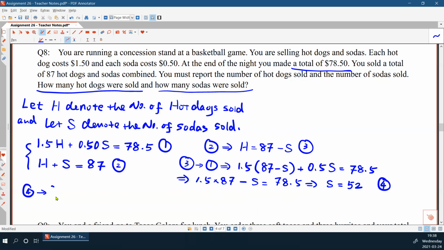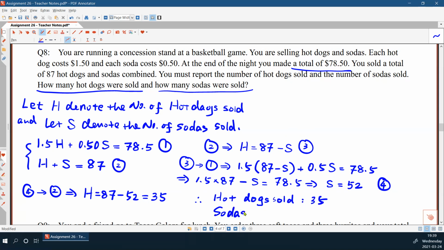And then we can plug 4 into 2 to get the quantities for H. H is 87 minus S, which is 52. And H, of course, is 35, right? Okay, so we have the conclusion here. Hot dogs sold is 35, and sodas sold is 52, right? Okay, have a look at that. Any questions?